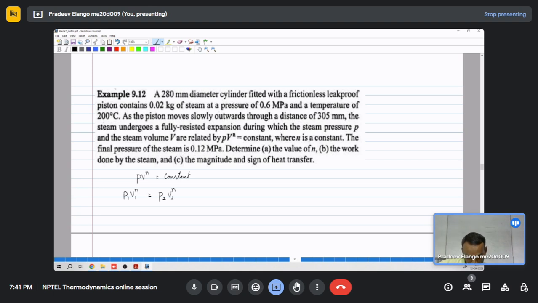Now if you take the natural log on both sides, ln P1 plus n ln V1 is equal to ln P2 plus n ln V2.